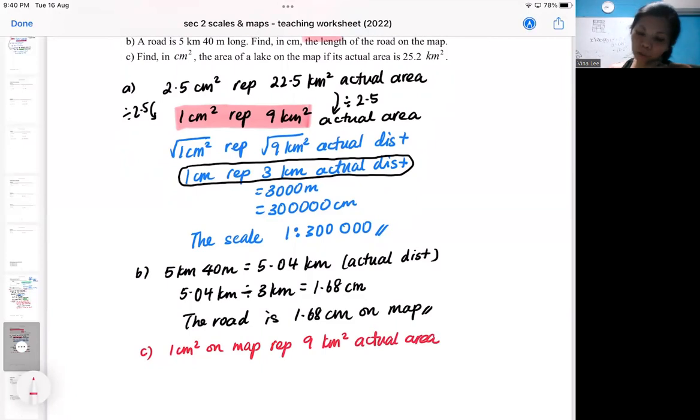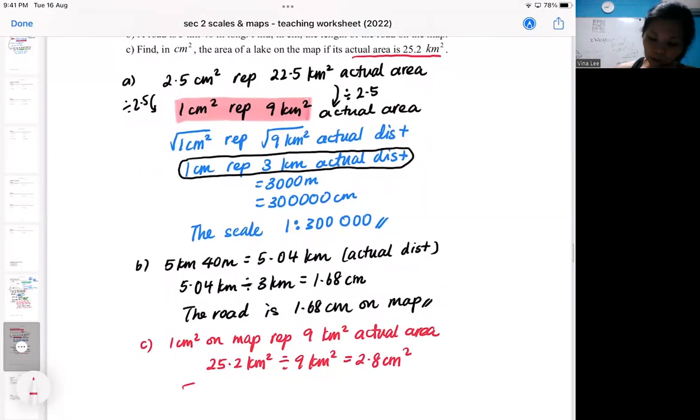So now I got the actual area. How many 9 kilometer square are there in the actual area? So take the actual area divided by how many groups of 9 kilometer. So the lake is just a tiny 2.8 centimeter.